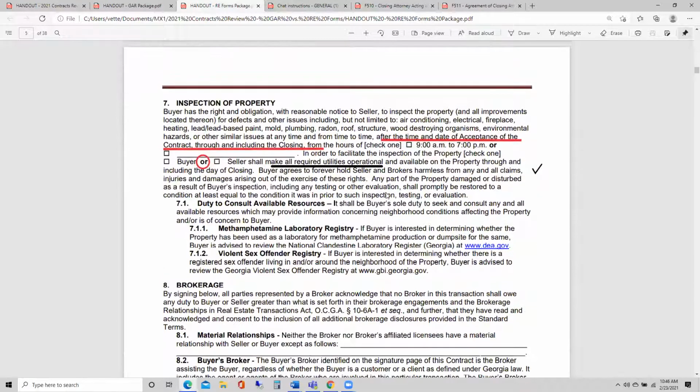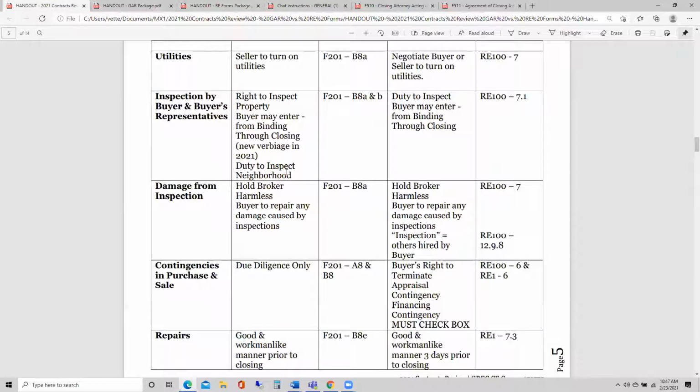It does say that buyer has the right and obligation with reasonable notice to the seller to inspect the property, limited to blah, blah, blah, at any time and from time to time after the date of the acceptance, which is binding, and through closing. So in essence, that's the same. It's just that GAR kind of put in measure for renovations. That's a little bit interesting.